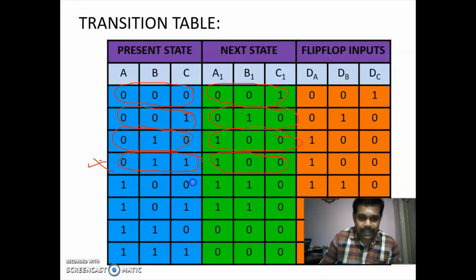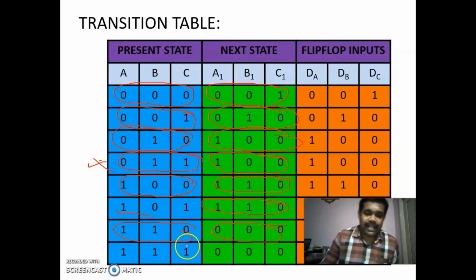If 4 is a present state, the next state is 6. Similarly, 5 is an unused state. If our counter is going to 5, we have to make it go to 6. Then if 6 is a present state, next state is 0. Similarly, 7 is an unused state. If our counter is going to 7, then we have to force it to come to 0.